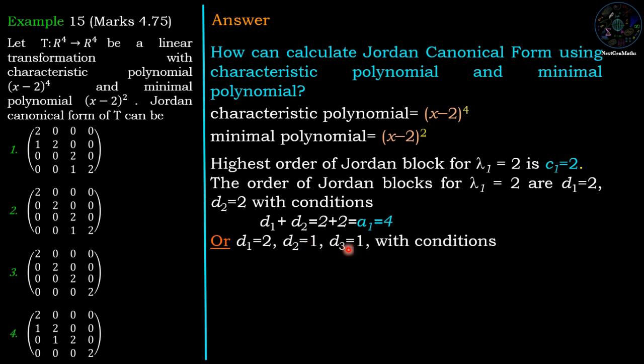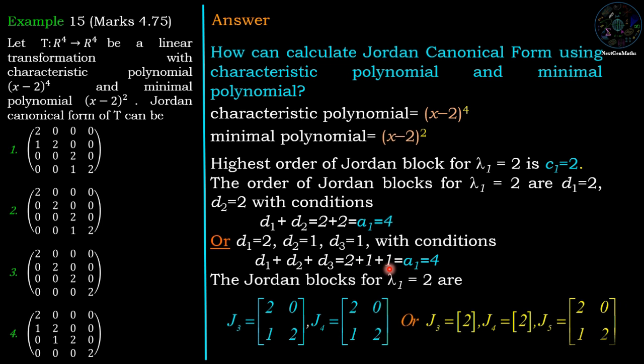So we have another option for the di: d1 + d2 + d3 = 2 + 1 + 1 = 4. So in the second option we have three Jordan blocks, the first of order 2, the second of order 1, and the third of order 1. So these are the different Jordan block options, option 1 and option 2.